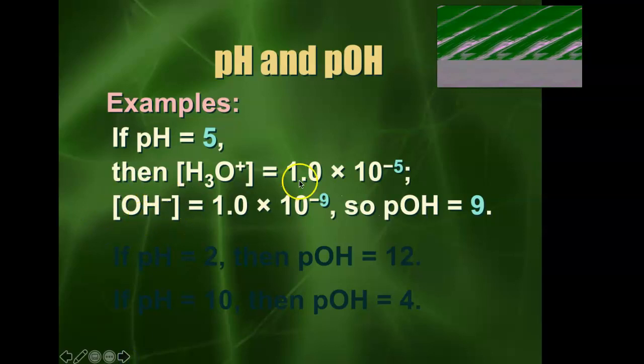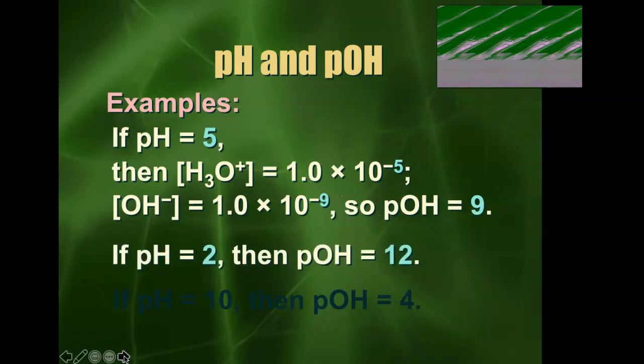From here, I could take the negative log of this, and I'd find that my pOH was 9. However, I could have just gone 14 minus 5 and gotten a pOH of 9. So you can go almost any direction in a circle and find out these values.